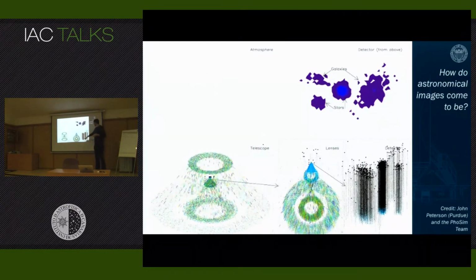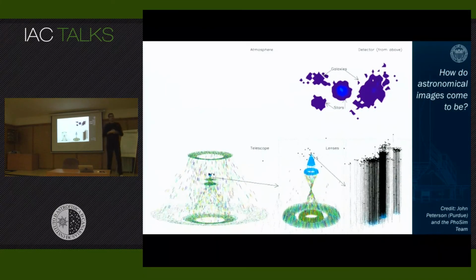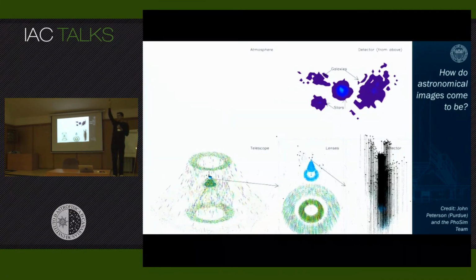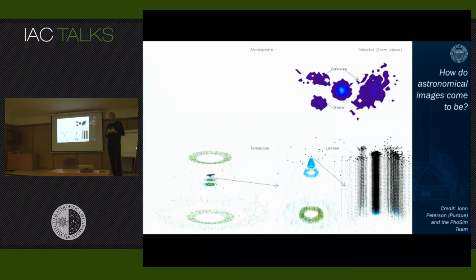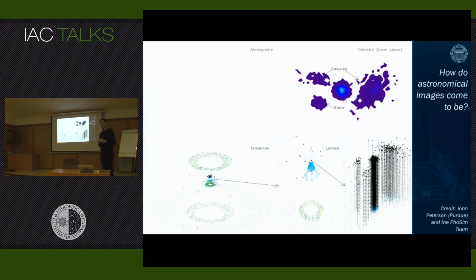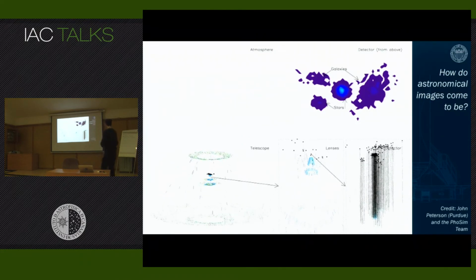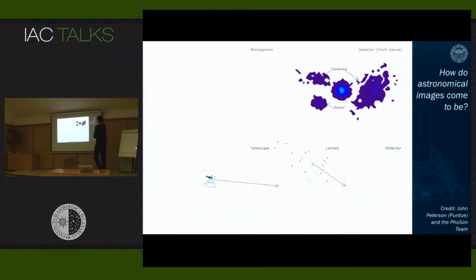When it gets into the detector and gets converted into an electron, it's supposed to travel on a straight line, but it doesn't. It's guided by electric fields, and that doesn't have to be straight either. It's a combination of all of these effects that turns our perfectly point-like star into a blob that looks like this on the detector.